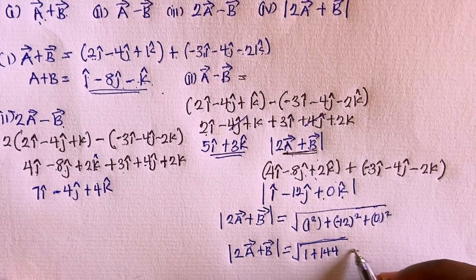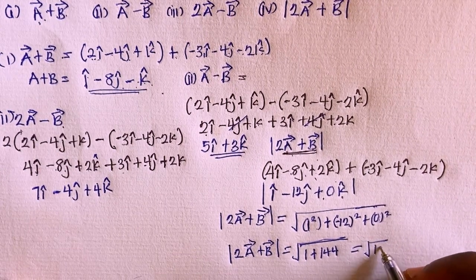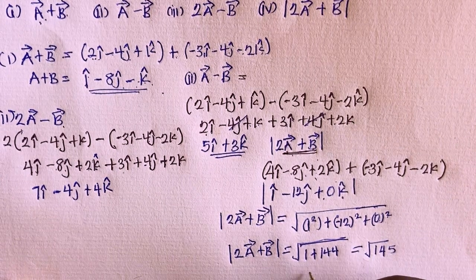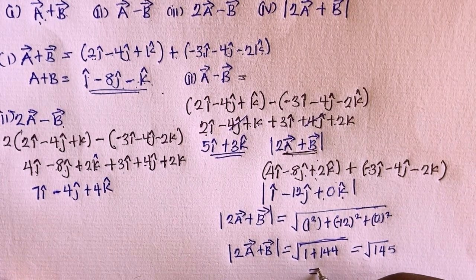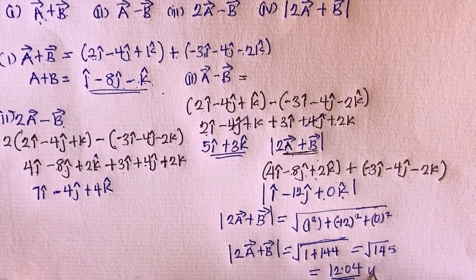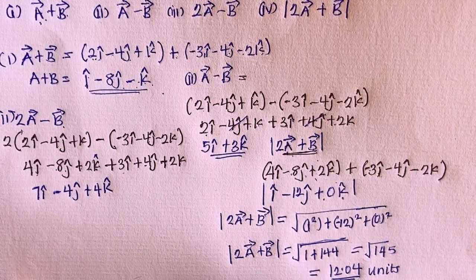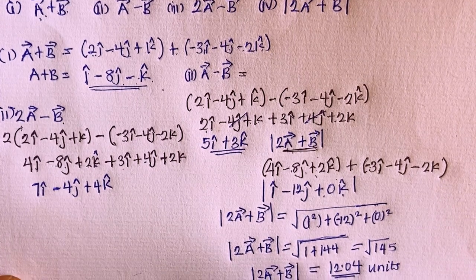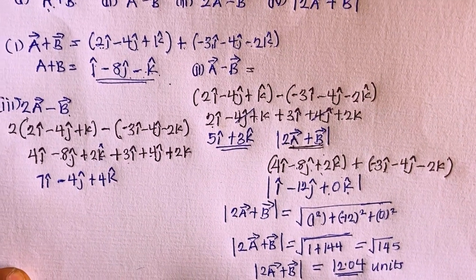So this is actually root of 145, and finally the root of 145 should be equal to 12.04 units. So the magnitude of vector 2a plus b is equal to 12.04.